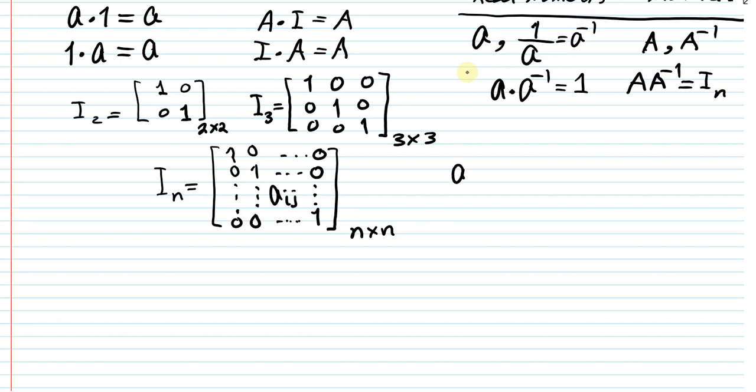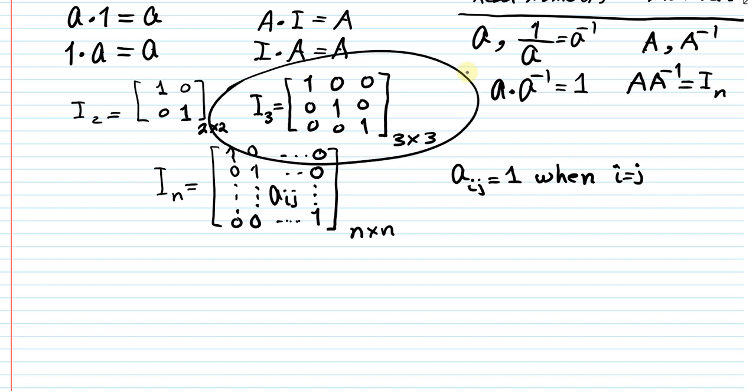The a_ij that I have written in the middle of that matrix is going to be 1 whenever the diagonal elements are 1, so that requires that i and j have the same index. For example, in this 3 by 3, the first one is in the first row, first column.